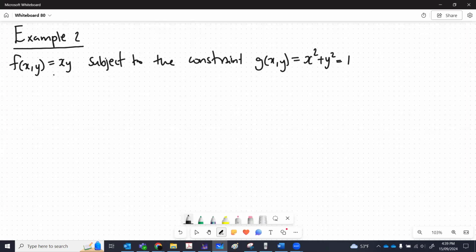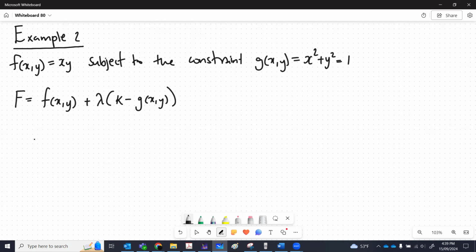Right, so here's another example where we have a function that is subject to the constraint x squared plus y squared is equal to 1. So first thing we would want to do again is find the function. This function, we can call it capital F. This is going to be f of xy plus lambda multiplied by k minus g of xy.